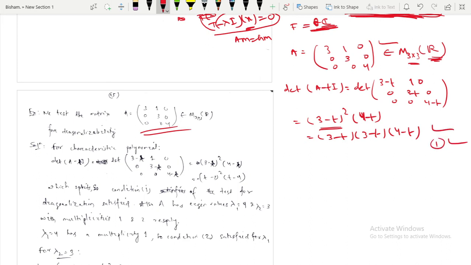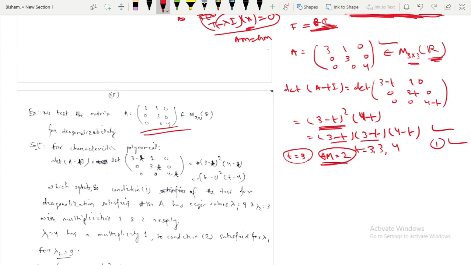And what does condition 2 say? Condition 2 says the algebraic multiplicity is equal to the geometric multiplicity. For t equal to 3, this is repeated twice, so its algebraic multiplicity is 2. That means the roots are 3, 3 and 4.